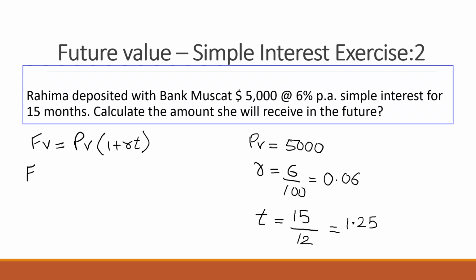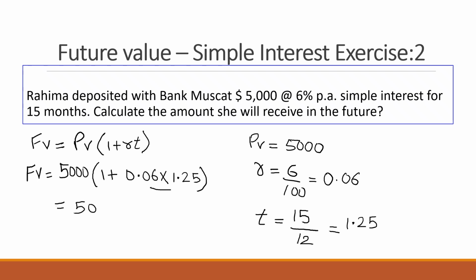So future value is equal to, what is my present value? 5,000 into bracket 1 plus, what is my R? 0.06 multiplied by, what is my T? 1.25, bracket close. Now first we have to do the multiplication, or you can take it directly also, it will give the same answer on the calculator.